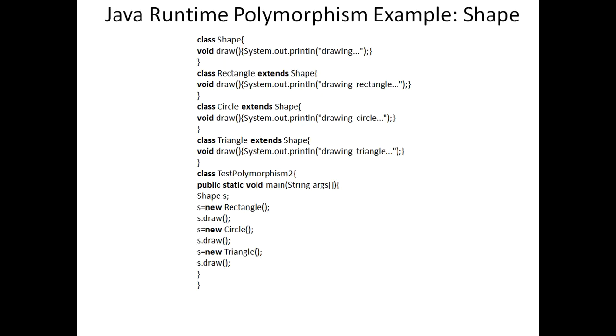So this is one example. Here is the same runtime polymorphism example, but a bit lengthier. You can see class Shape, the main superclass. In that, as I told, with overriding, every method will be the same.